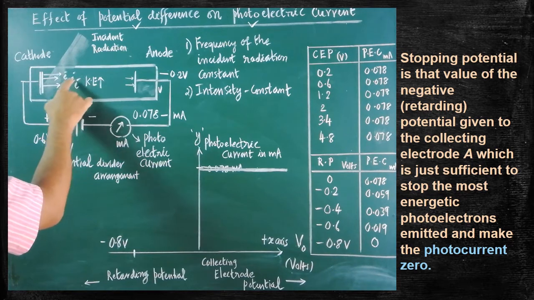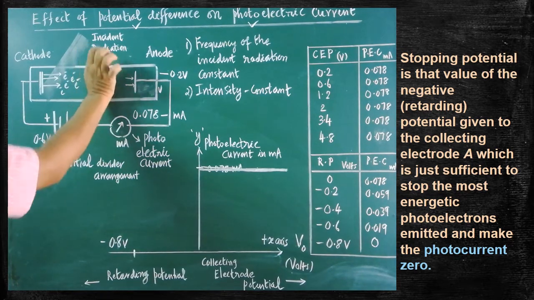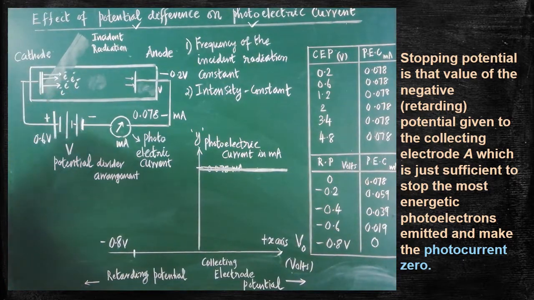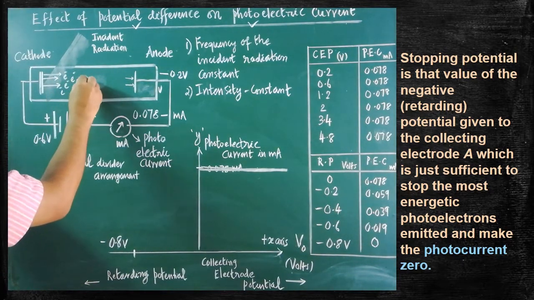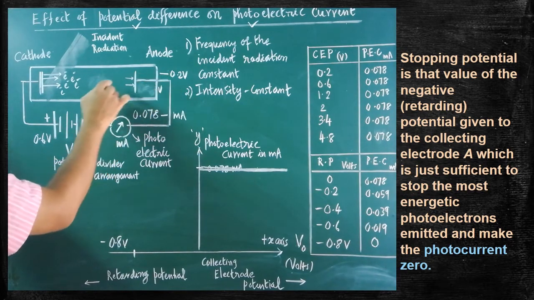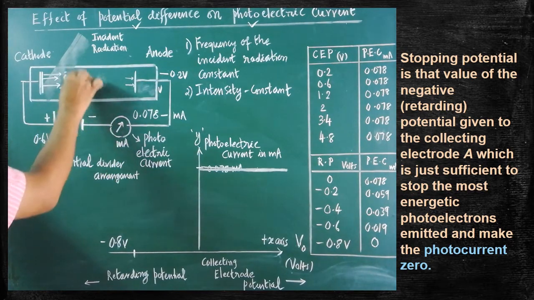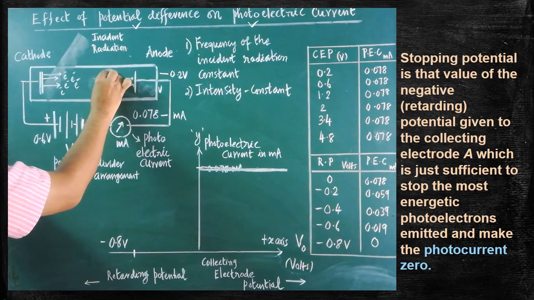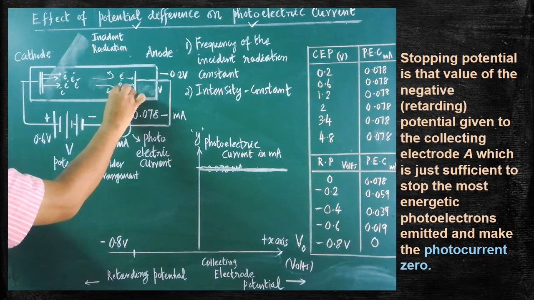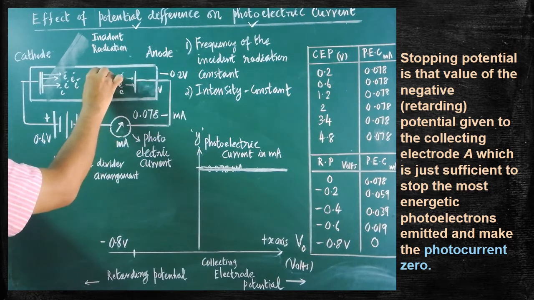What will happen? These highly energetic electrons are emitted from the cathode and are trying to reach the anode, but here negative potential is given. All electrons have negative charge, so they try to reach, but only some of the electrons will reach the anode. Few electrons are repelled.